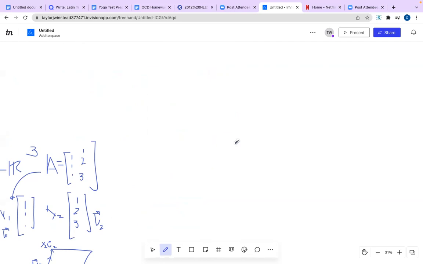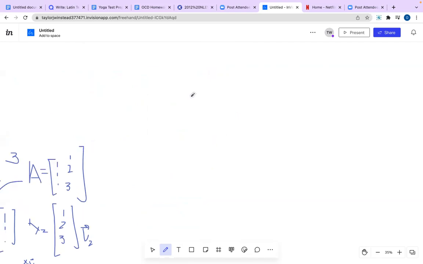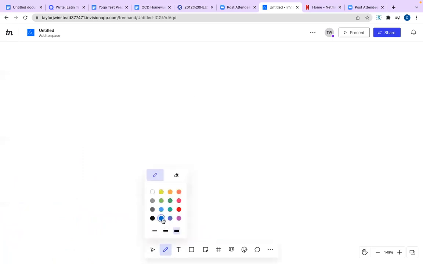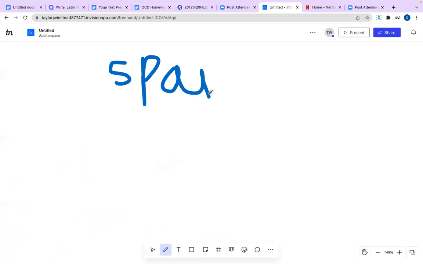Okay. So they've got a theorem for this to explain what span is.